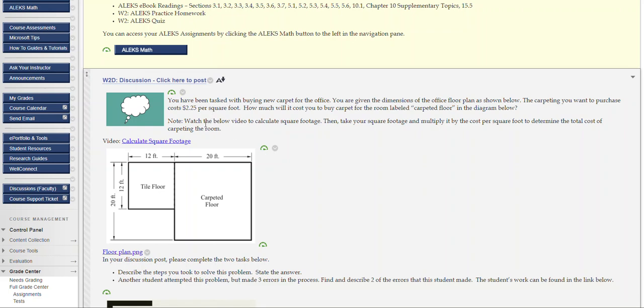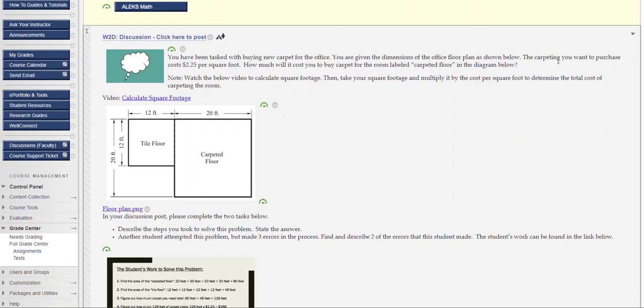Now, when you're doing the discussion, you've been asked about buying a new carpet for the office. You're given the dimensions of the office floor plan as shown below. The carpeting you want to purchase costs $2.25 per square foot. How much will it cost you to buy carpet for the room labeled carpeted floor? So it's $2.25 a square foot.